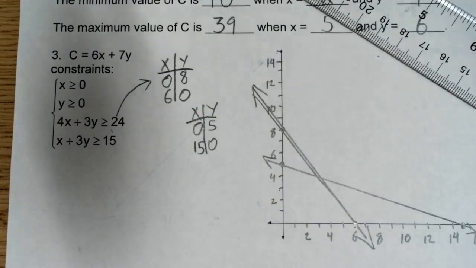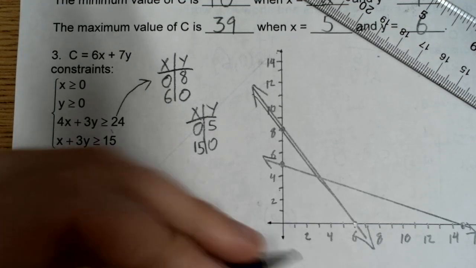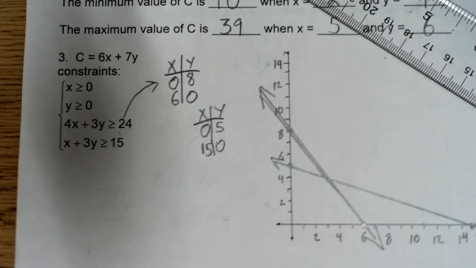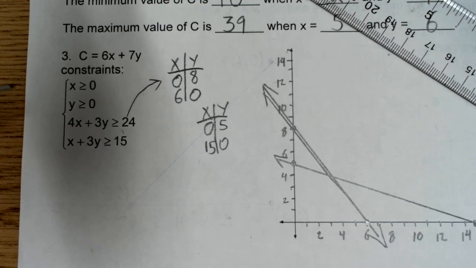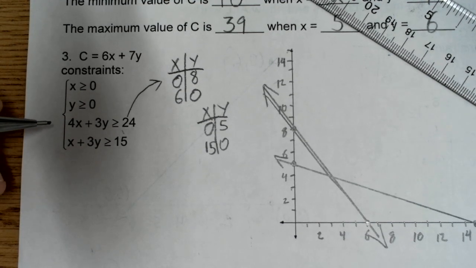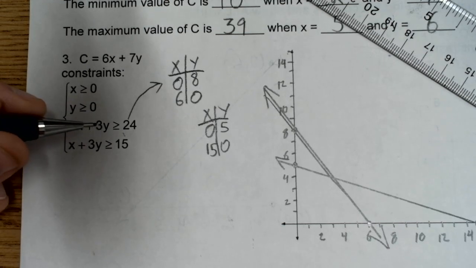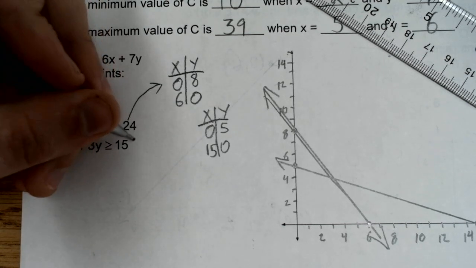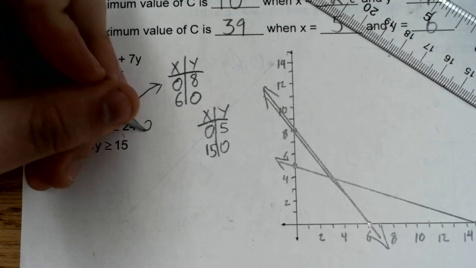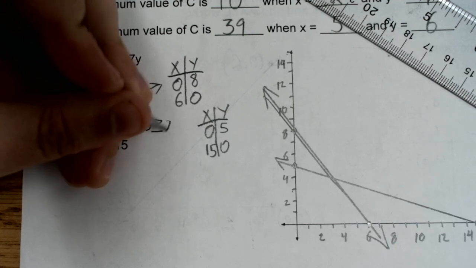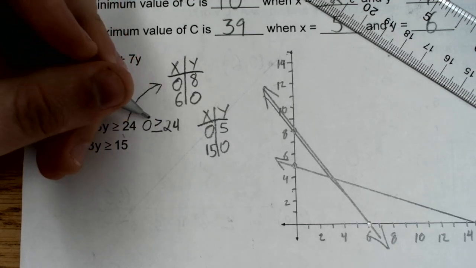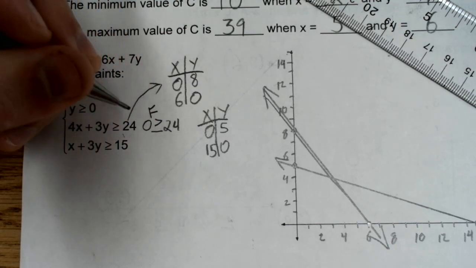Next step is going to be to decide which side of my axis to shade, so I'm testing points to see which would be true. If I test 0, 0 here, that would say 0 is greater than or equal to 24, which is false.